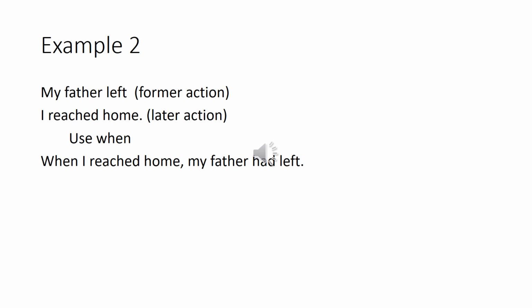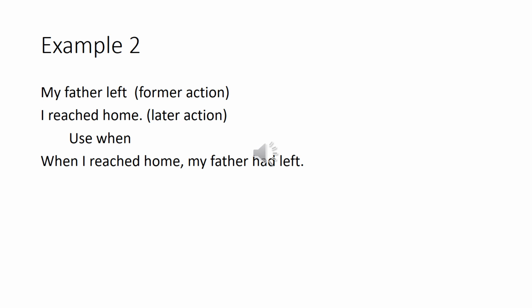Here is another example for you. My father left. I reached home. Former action, my father left, and later action, you reached home. Okay, you have to use when to join these two sentences. As a result, it will become a complex sentence, not a simple sentence. And also, it will be a master use of past perfect tense.